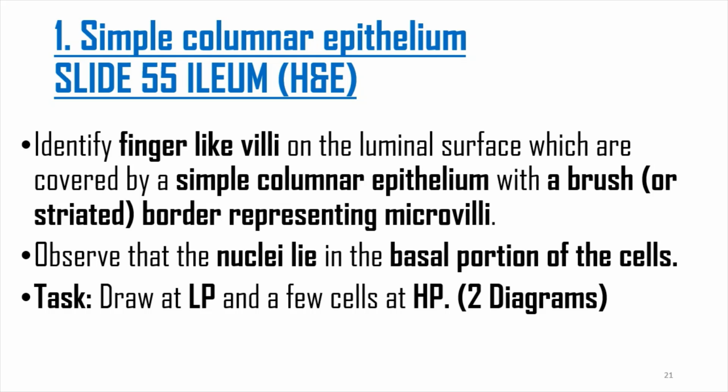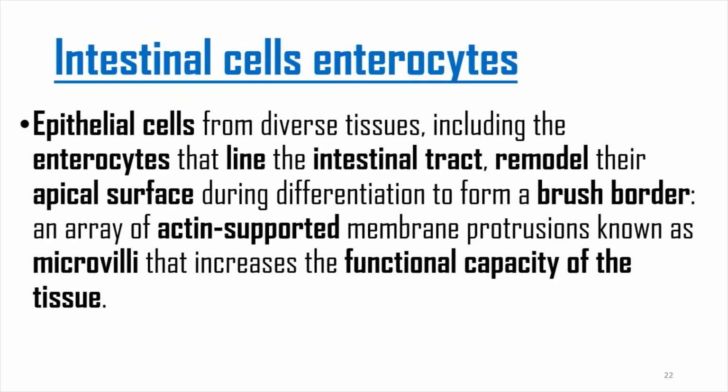The brush border represents a structure on top of the cells, a cell surface specialization called microvilli. You should observe that the nuclei lie in the basal portion of the cells. The task is to draw at low power, and to draw a few cells at high power, so you're making two diagrams from this slide.